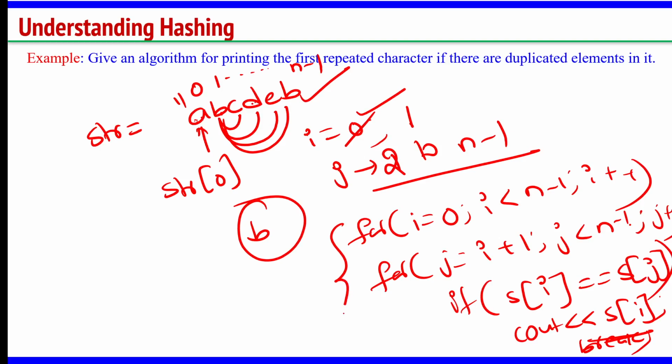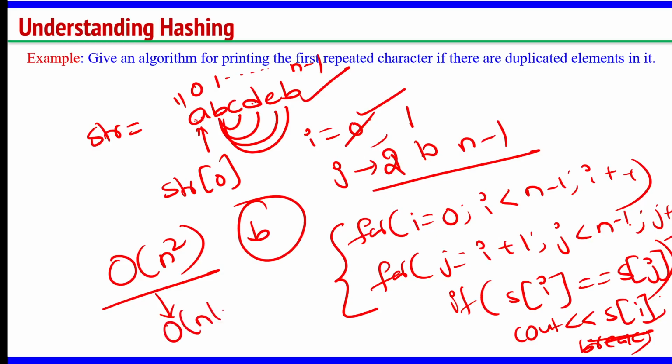What is the time complexity of this? Since we are using two for loops to solve this problem, the time complexity will be order of n square. Now, can we have a better solution, an alternate solution, where I can reduce the time complexity from order of n square to a little less, maybe order of n log n or order of n?